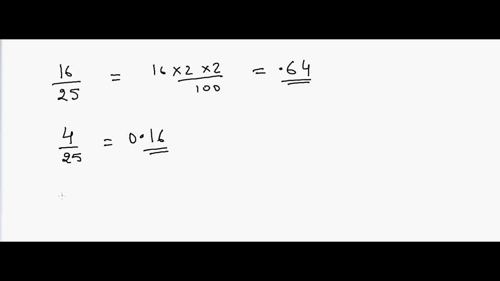Another example: if I have 44 to divide by 25, then 44 into 4 is what we have to do. So 44 into 2 is 88, and 88 into 2 will be equal to 176. So the answer will be equal to 1.76.